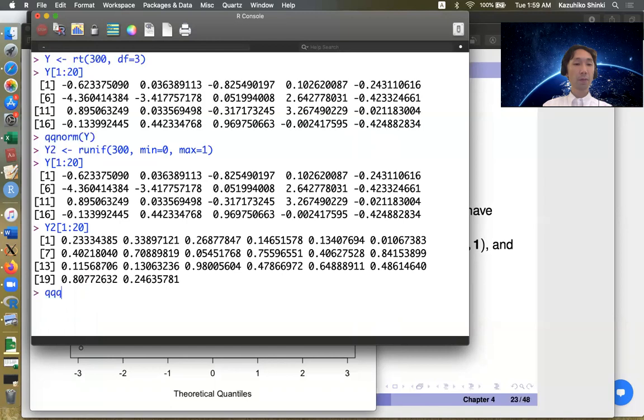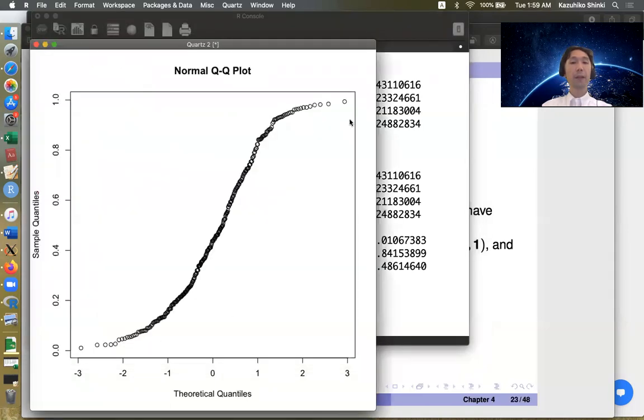And the normal QQ-plot of y2 is here. This is a kind of S-shape, similar to maybe y equals the cubic root of x or something. Around the center, x equals 0, it looks similar to a straight line.